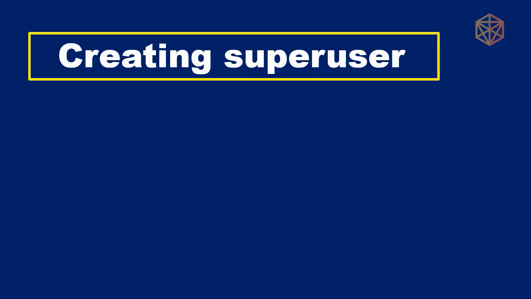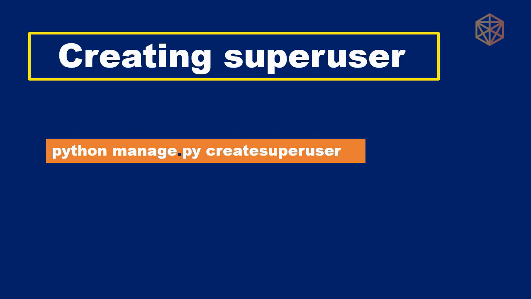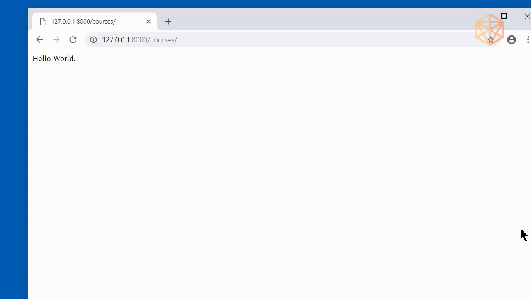The command you need is called python manage.py createsuperuser. Once you type that command into your command line interface, it will provide you with some prompts that you need to follow. So let me show you what the admin page looks like.